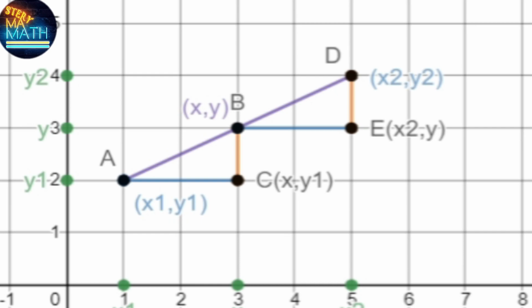That means x minus x1 is equal to x2 minus x. Similarly, the line segment DE is congruent to the line segment BC. That means y2 minus y is equal to y minus y1.